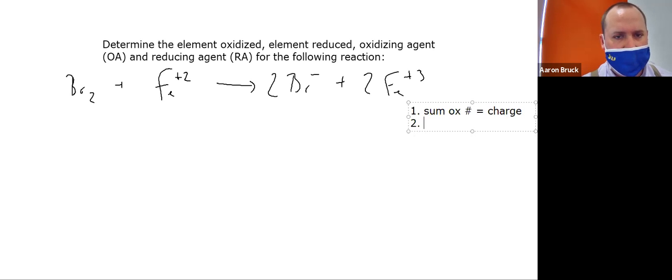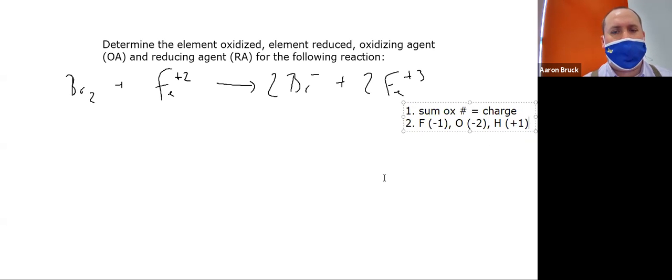And 2, there are certain elements that have the same oxidation number pretty much in all situations: fluorine, oxygen, and hydrogen. So if I put those 2 rules together, I get the majority of these kinds of problems solved. So the real key here is I have to be able to assign the oxidation numbers and kind of take it from there.